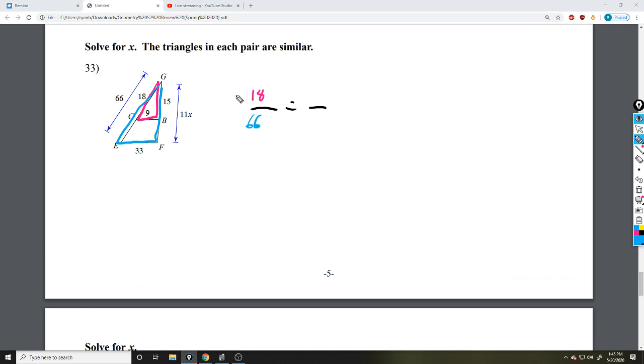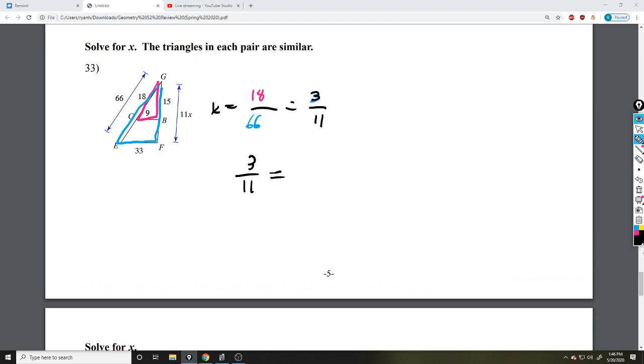Oh, let's actually reduce that. Those are both divisible by 6, so that is 3 over 11. If you don't remember, this was called a scale factor. That was the ratio that all the sides should have. Okay, so 3 over 11 is my scale factor.